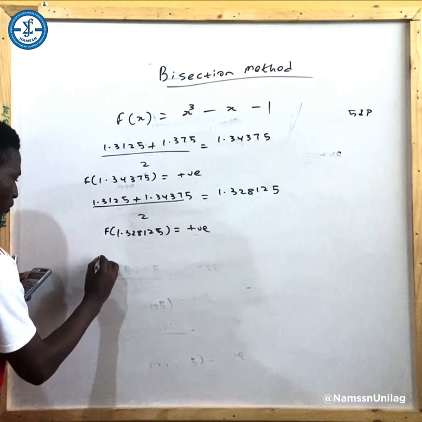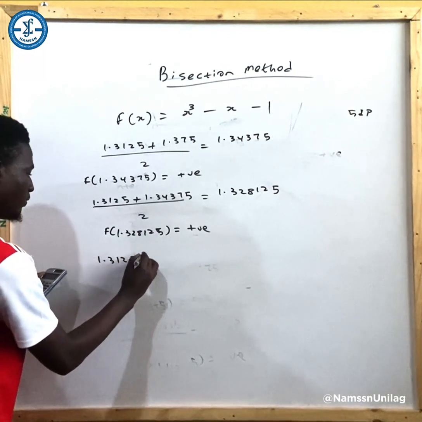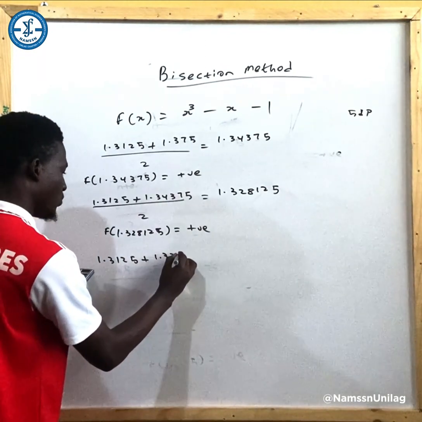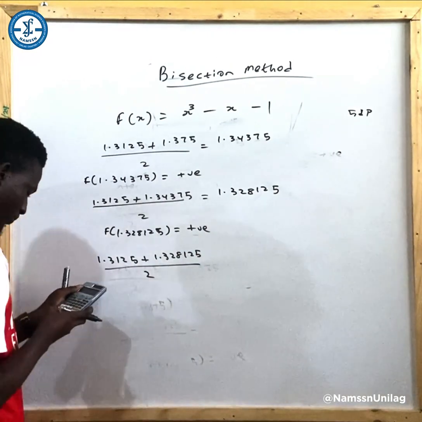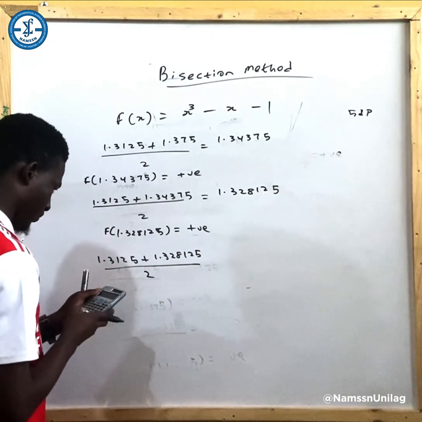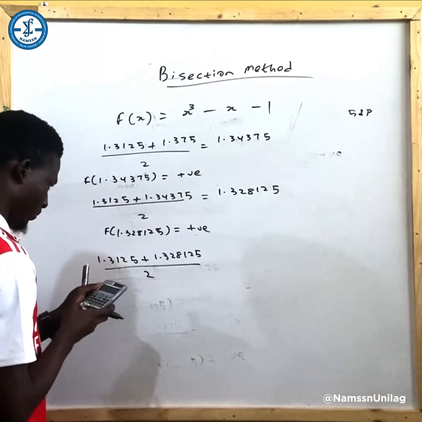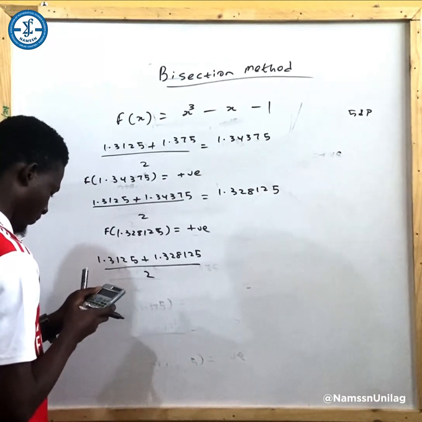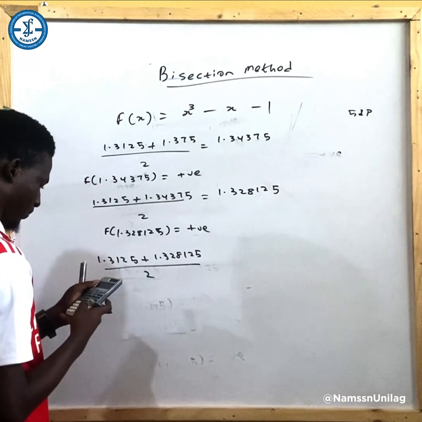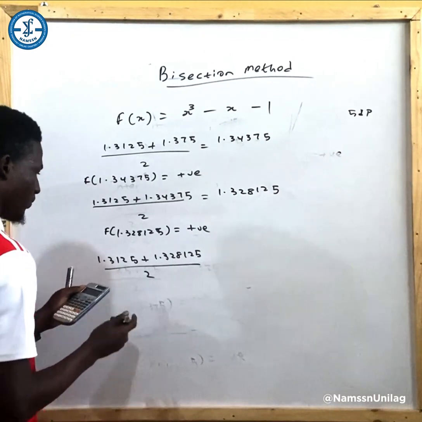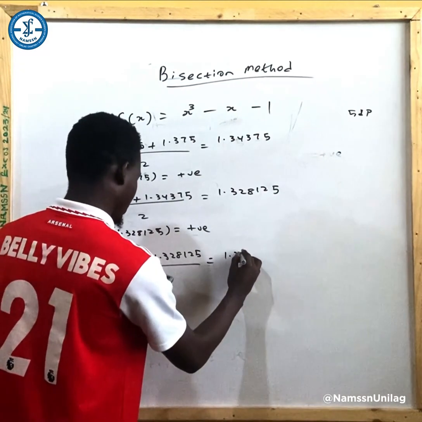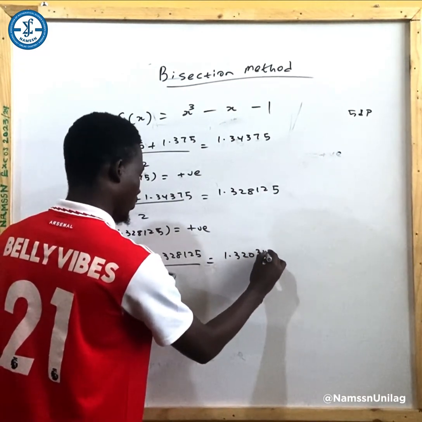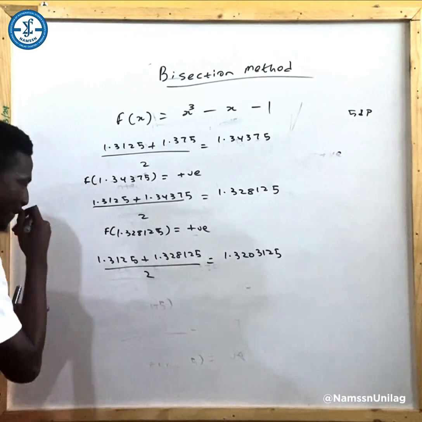So you have 1.3125 plus 1.328125 divided by 2. That gives 1.3203125.